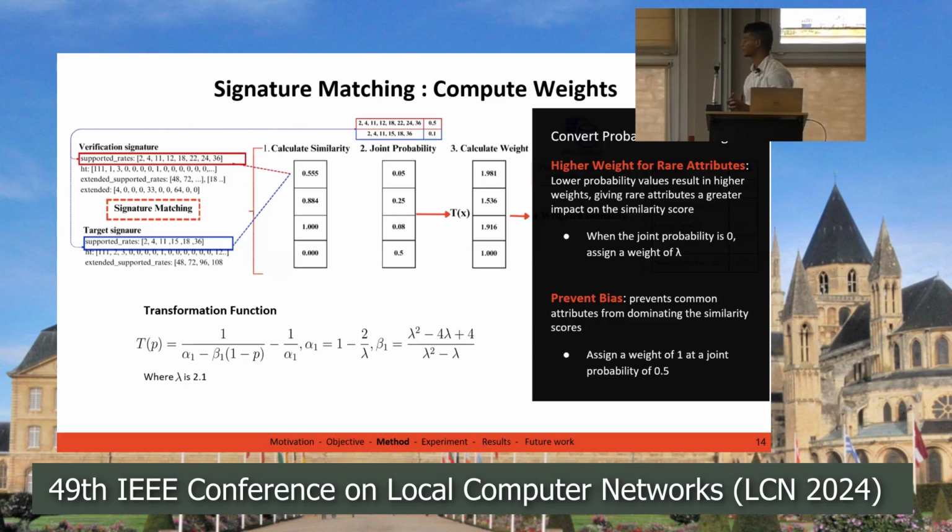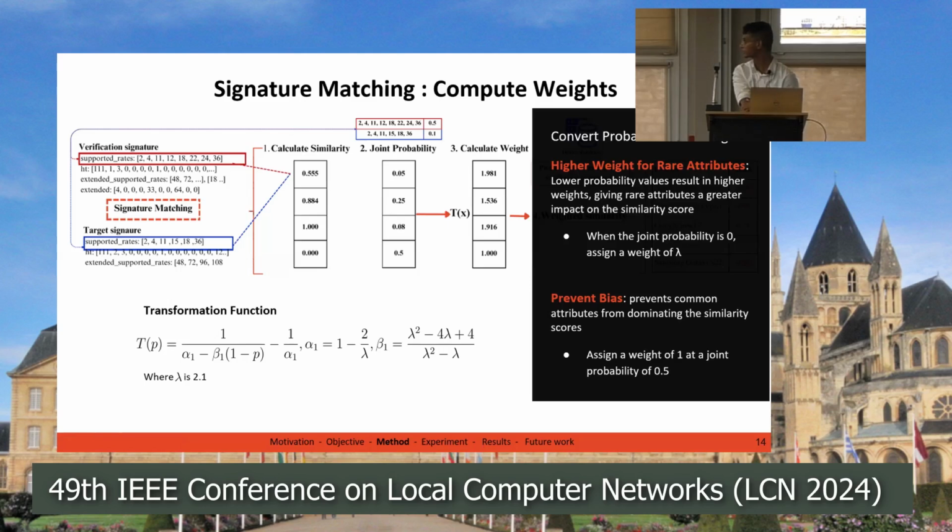To explain those 2, imagine when we are matching these 2 signatures, all the common values that you're going to see, we want to lower their weight, and rare attributes, or attributes that you'll see less often together, that's what we want to highlight and give a higher weight to. So the transformation we chose was this, and we use a lambda value of 2.1, which is a hyperparameter you could tune accordingly.